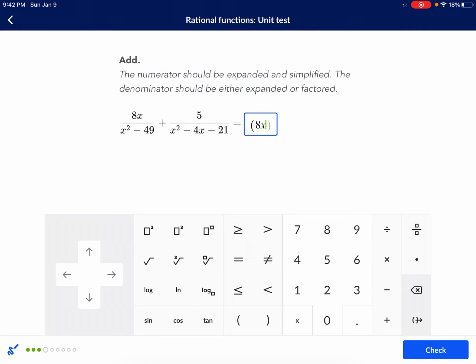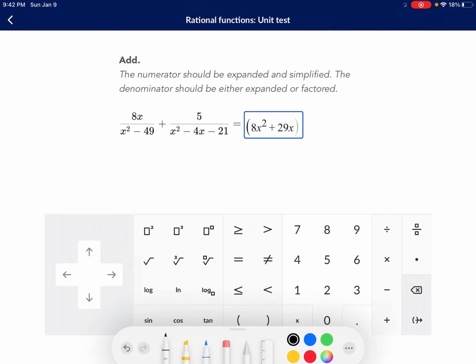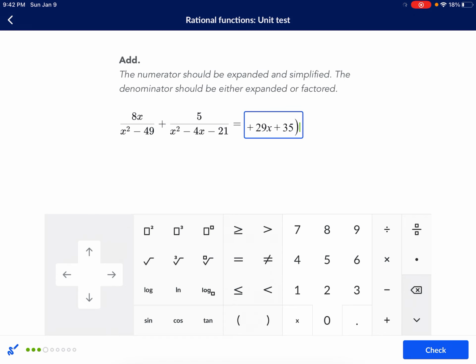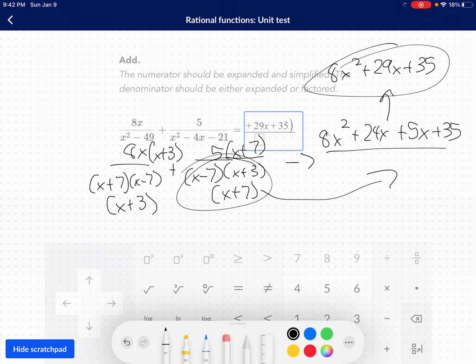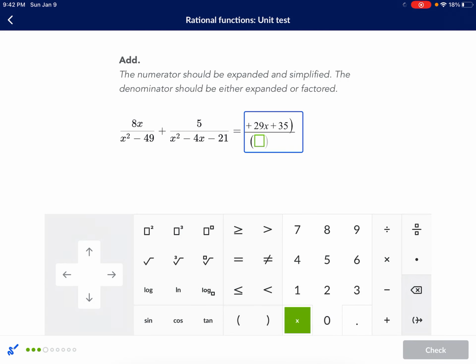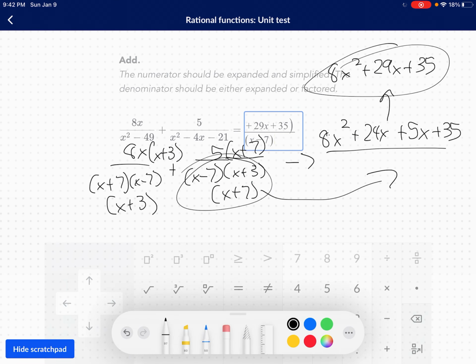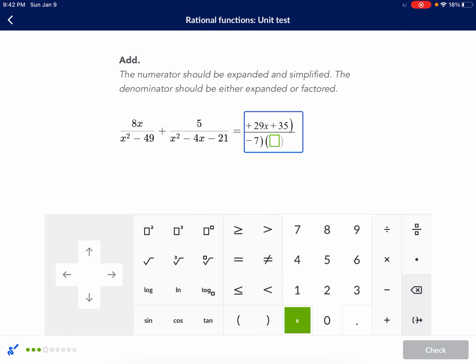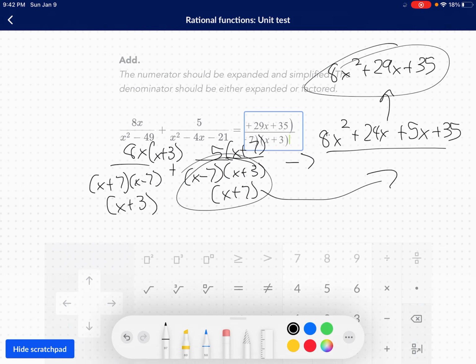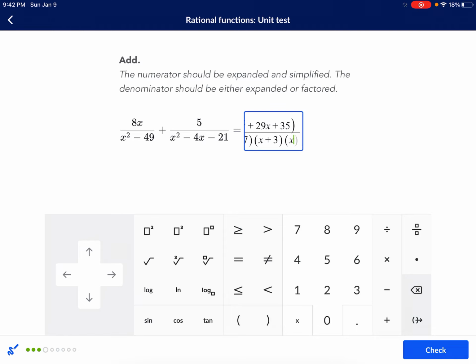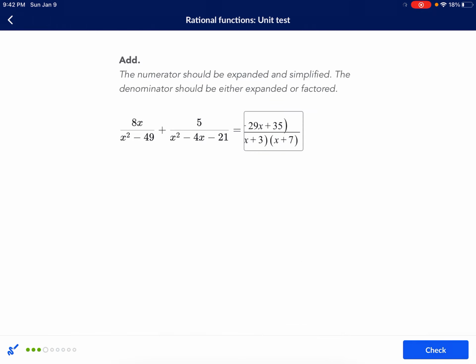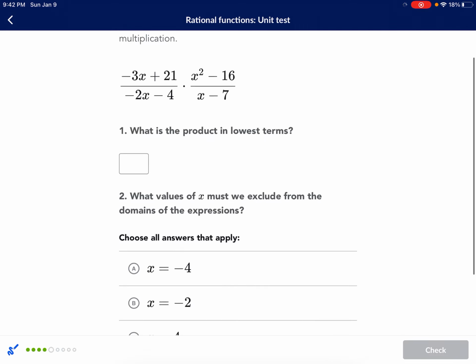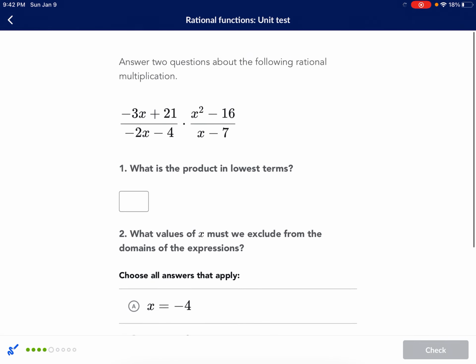So 8x squared plus 29x plus 35 over x minus 7, x plus 3, x plus 7. Nice.